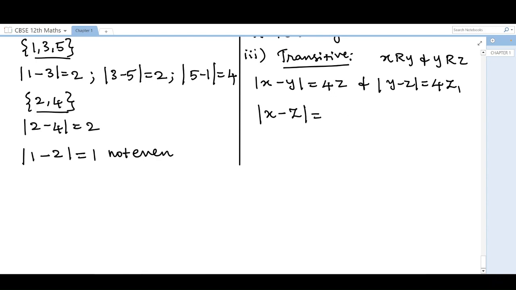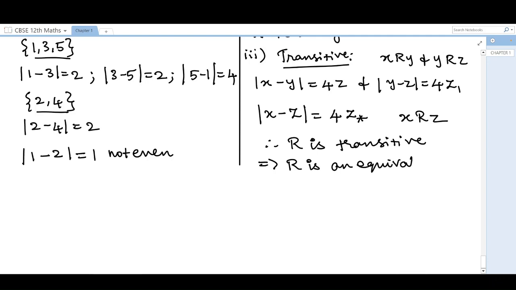Since their difference should be a multiple of 4, x and y should be both either odd or even numbers. So this implies the absolute value of the difference x and z will be a multiple of 4. Right? So thus we have verified x is related to z. Therefore the relation R is transitive, and we have verified that the relation R is an equivalence relation.